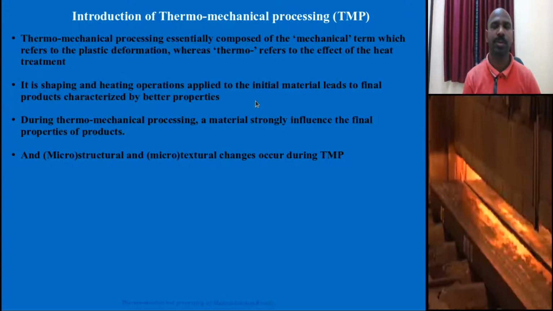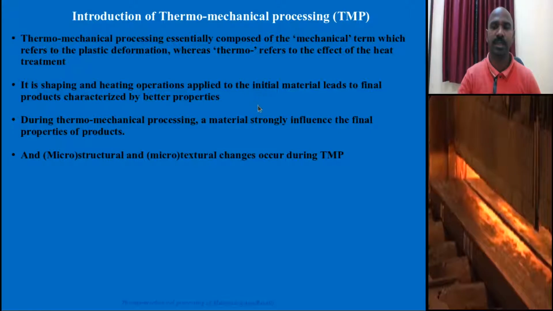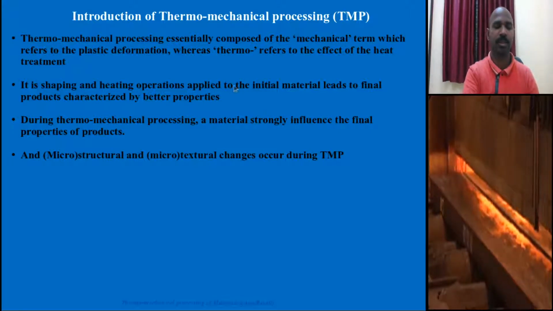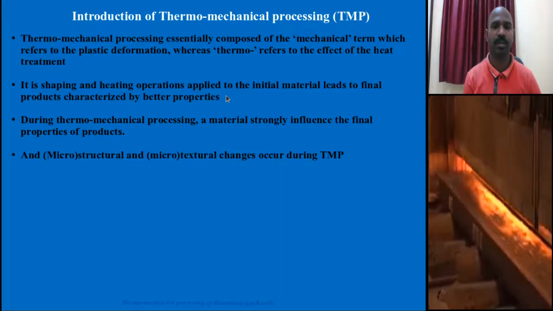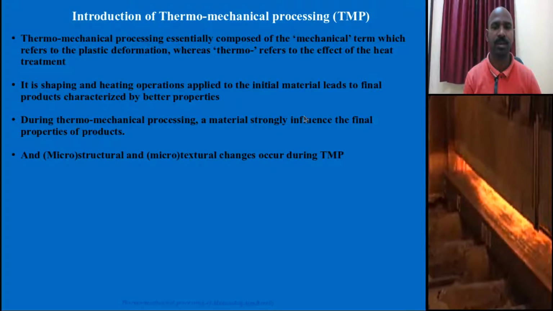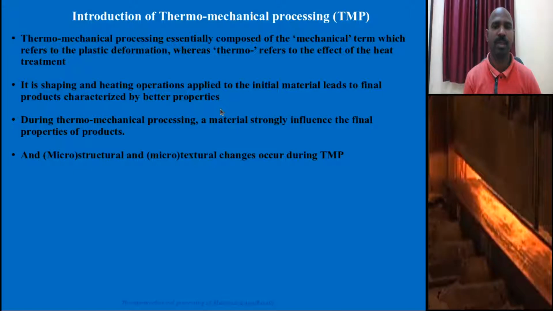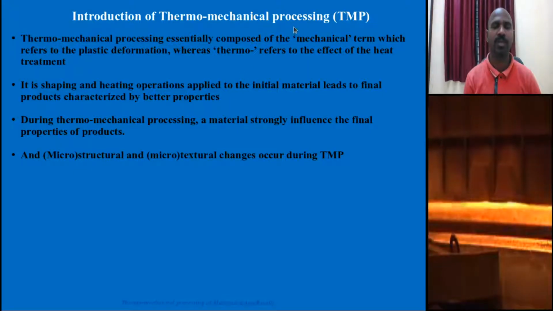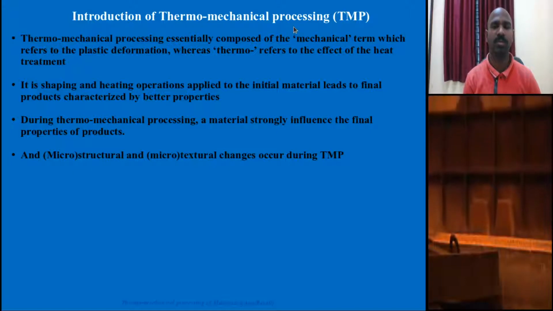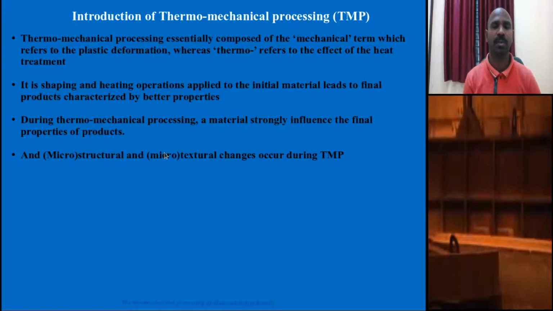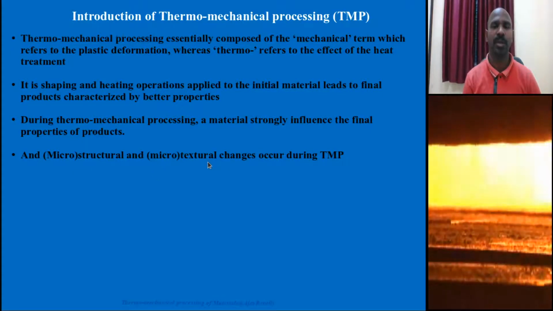For the as-cast structure, mainly dendrites develop. If you change the dendrite structure into equiaxed grains, the ductility is improved. And how do you do that? By the thermomechanical process we are going to discuss. Another important parameter is that microtextural changes will also occur during thermomechanical processing.